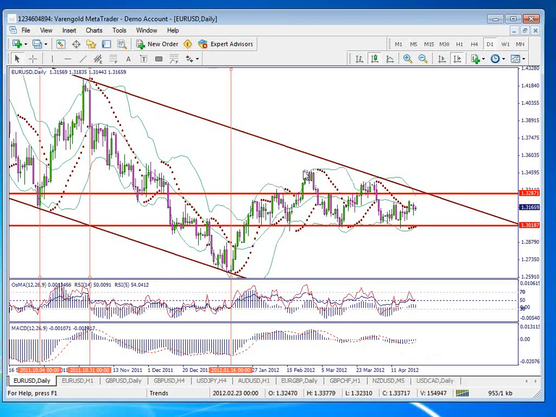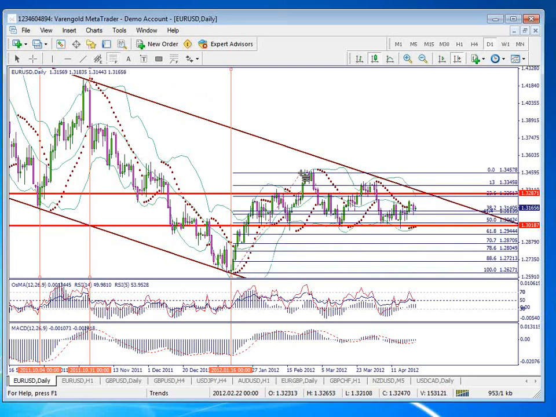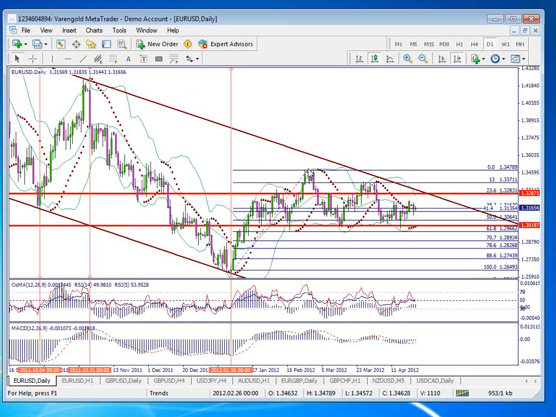The last wave that we have on the daily chart is wave number 4. So those levels for Fibonacci will be very important.